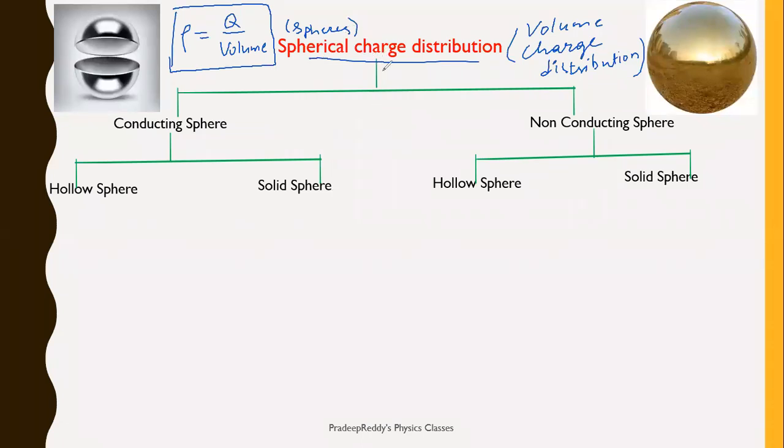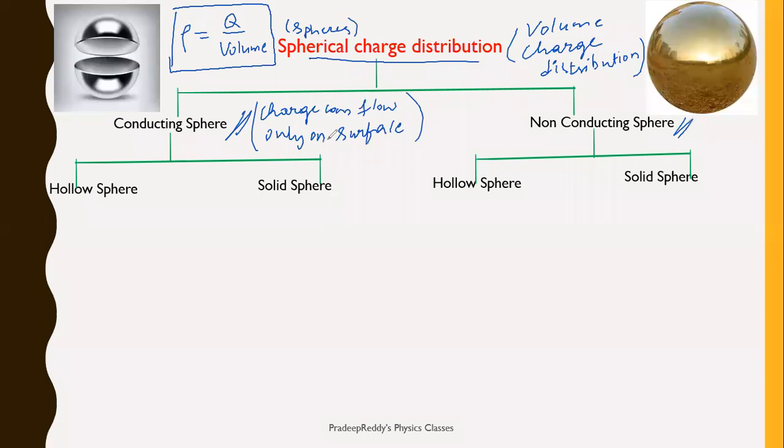Coming to the spherical charge distribution, it is learnt under two parts: conducting sphere and non-conducting sphere. Right? In the case of a conducting sphere, charge can flow, and charge resides only on the surface.